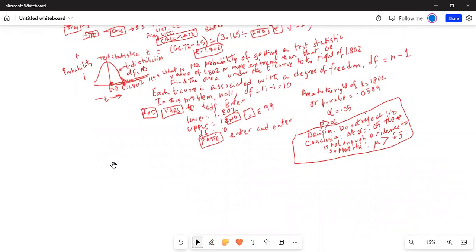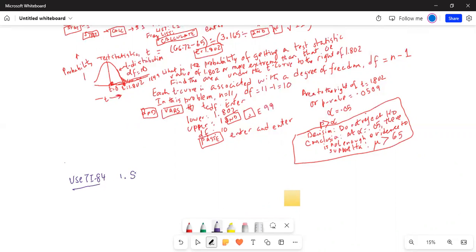Okay, the second way of doing it. Use TI-84. Okay. So what are the steps?